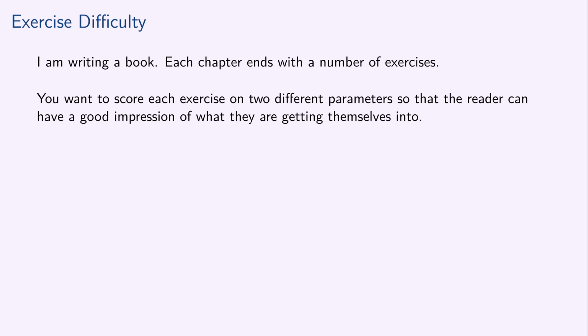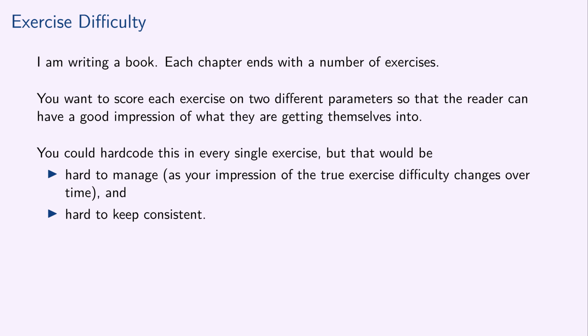And I have two different scores for that. One is how difficult they are in terms of the material of that chapter. And then I have a different score for how difficult they are in terms of other aspects. I'm currently calling that a creativity score, but I'm not really happy with that name.